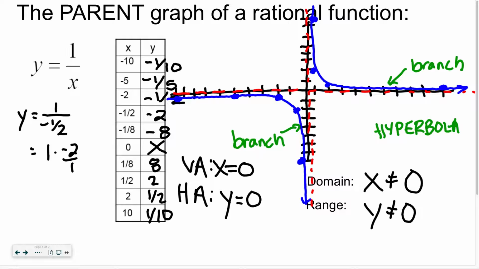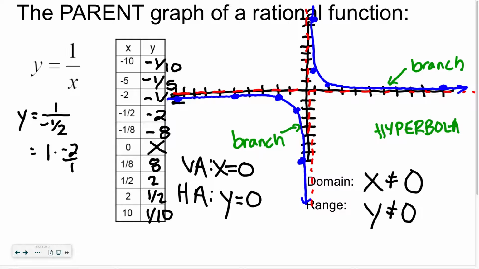But a hyperbola. Now, remember on that previous slide when we made up our own rational function? Ours worked out to be simple, so it would fit this. But then I made that one that was more complicated with the quadratics. Those may not necessarily look like this. Later on in Algebra 3 and Precalculus, you can have rational functions that have more than one vertical asymptote.